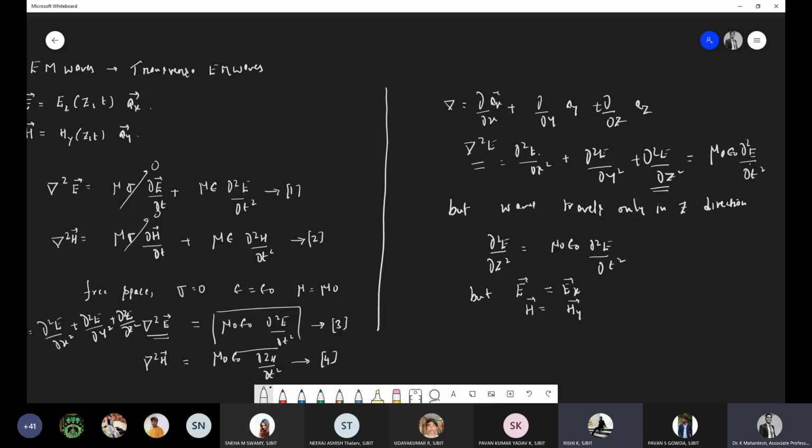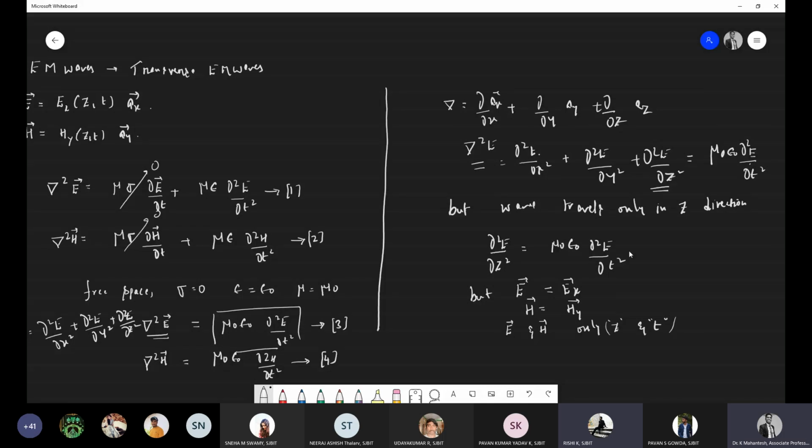I represent it in terms of Ex and Hy. Also, remember E and H are functions of only Z and T. Why? Because the wave traverses only in Z direction and will vary with time. So E and H vary with respect to Z and T only.